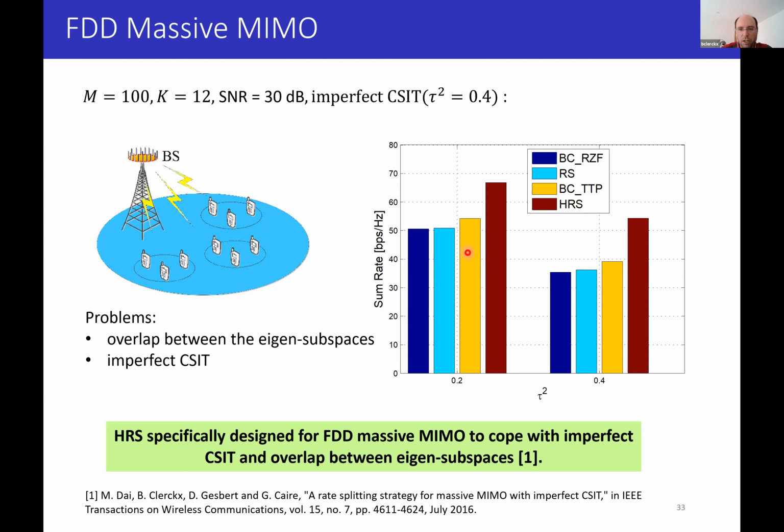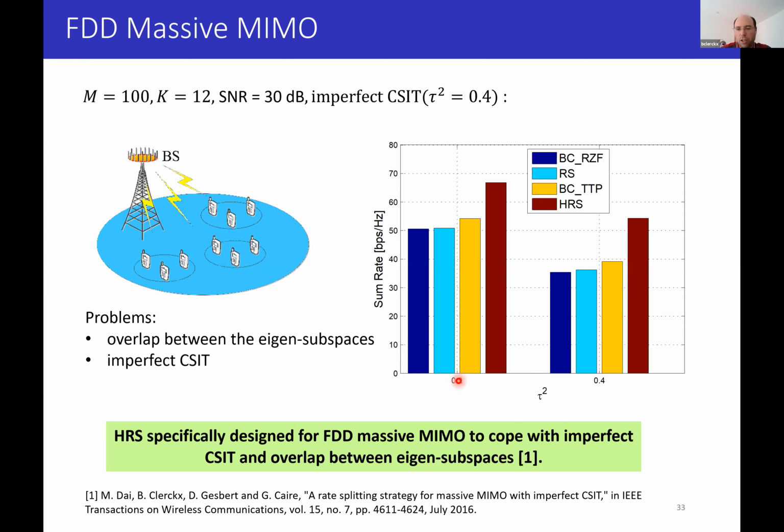This is what we see here. The state-of-the-art two-tier precoder is in yellow here. If you design proper rate splitting techniques, you get a performance enhancement of about 40% in terms of sum rate, depending on tau, which is the quality of the CSI.